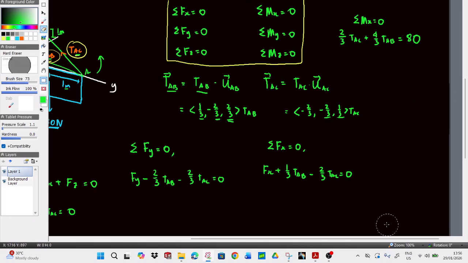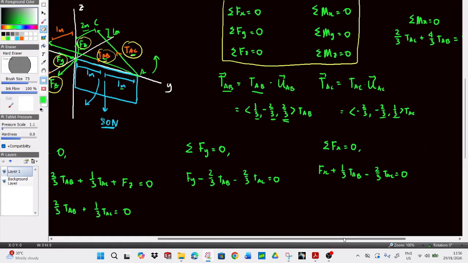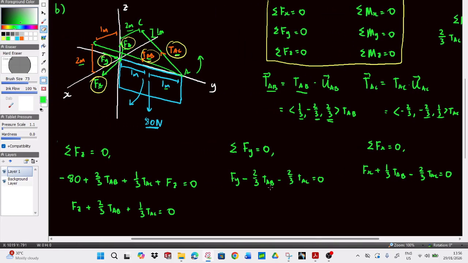Now let's look back again. Besides that, if we consider the moment along the z-axis, for TAB, it's 2 meters away from the axis.